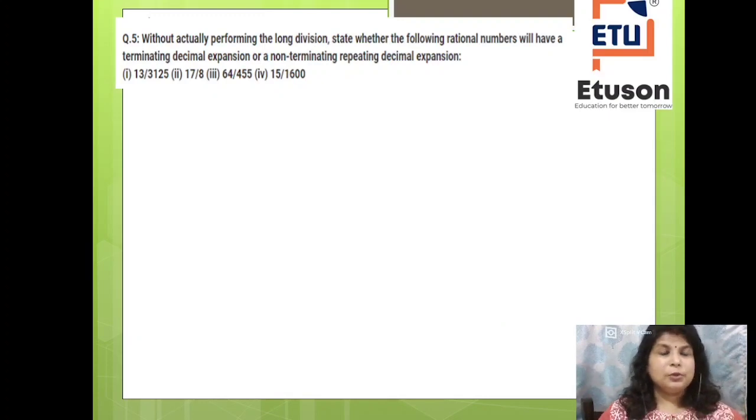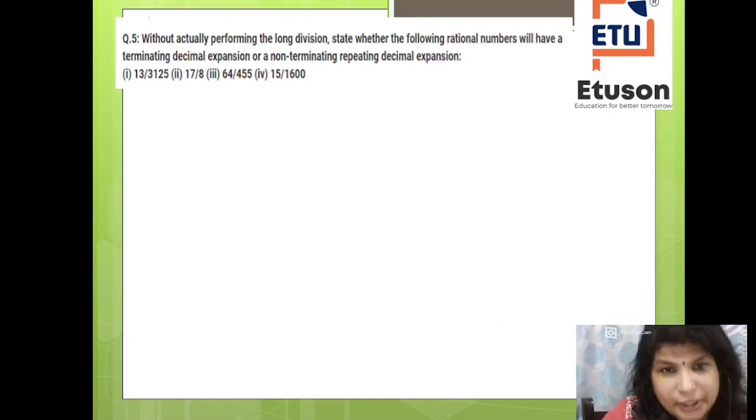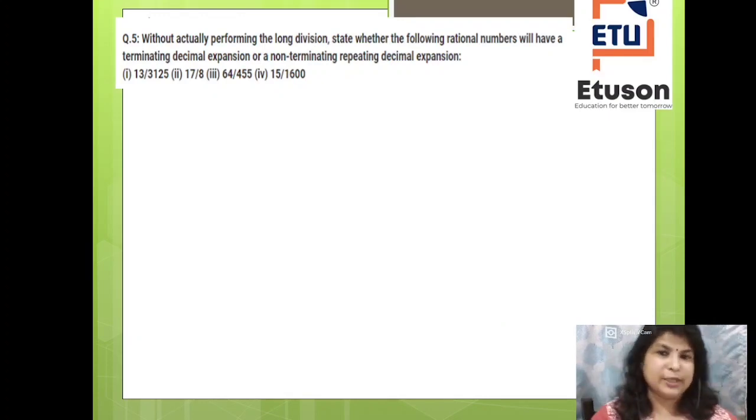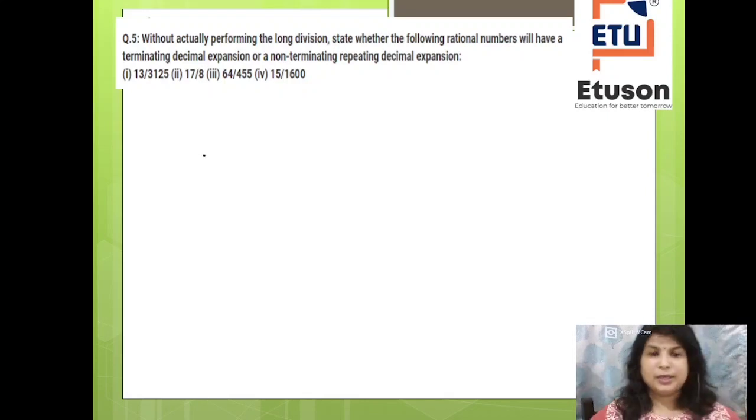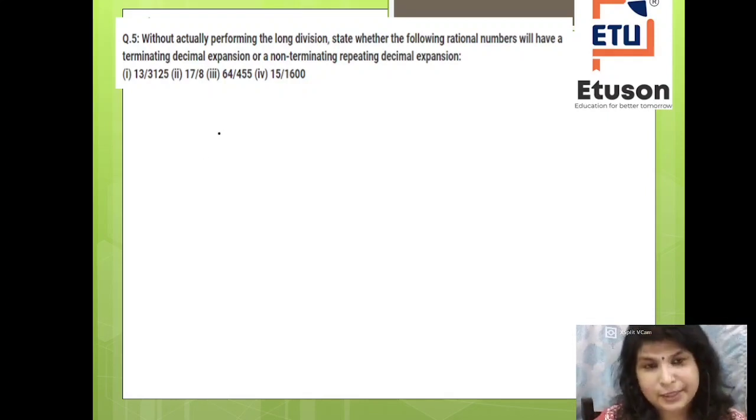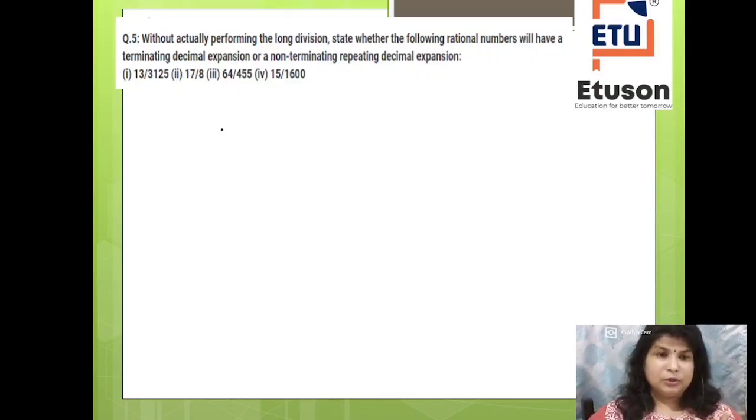That is, without actually performing the long division, state whether the following rational numbers will have a terminating decimal expansion or a non-terminating repeating expansion. So, we did this last week in exercise 1.4. So, how are you going to approach it? Always remember to check whether it ends with a terminating decimal or non-terminating.